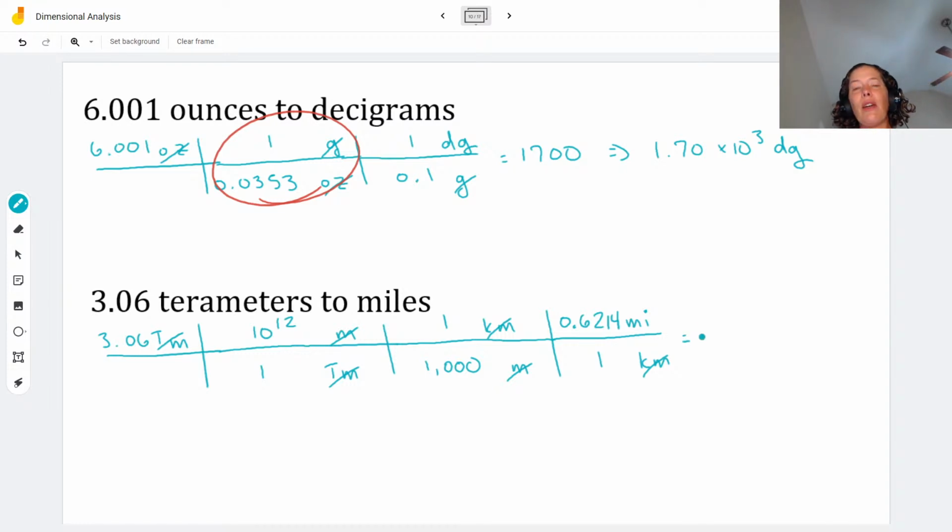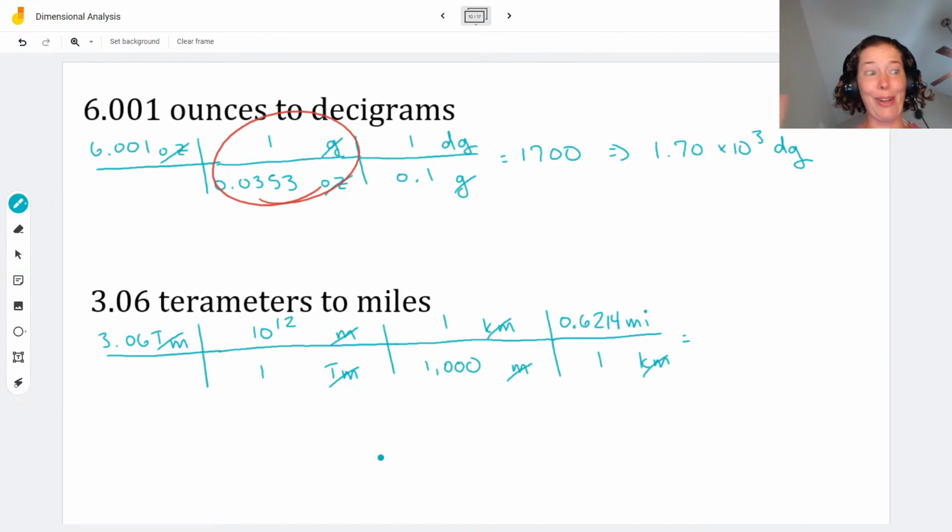Because you don't want to be converting in a way that feels awkward or you feel like you're making a lot of mistakes. And again, these two conversion factors here can be combined into one, and that's totally fine. But I see often students make mistakes with how many places they need to move the decimal, or sometimes moving the decimal the wrong way. So sometimes you're less likely to make a mistake if you go to that base unit first like we did here.